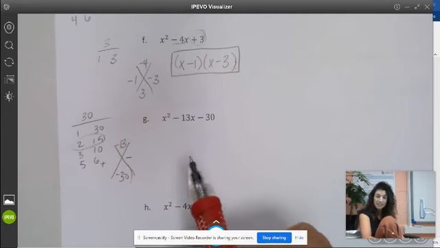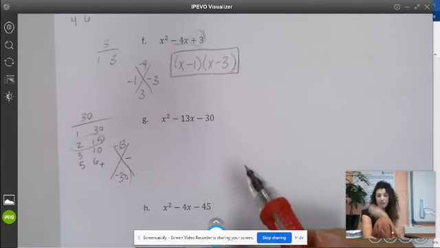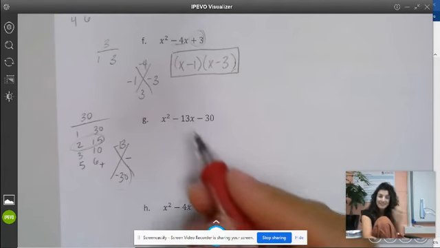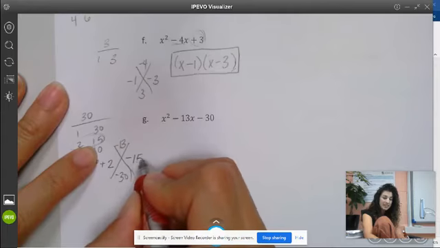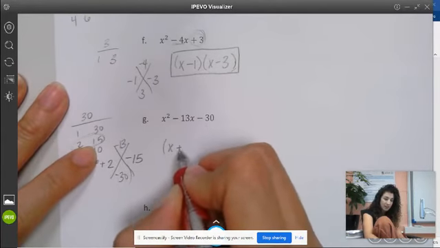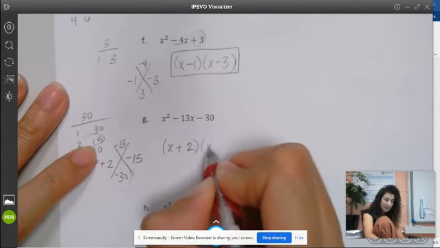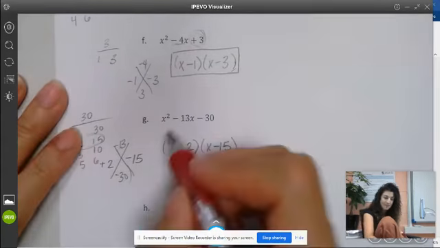This will subtract to give us 13. We just wanted to subtract to give us -13, which means that your 2 needs to be positive and your 15 needs to be negative. So we've got x plus 2 and x minus 15.